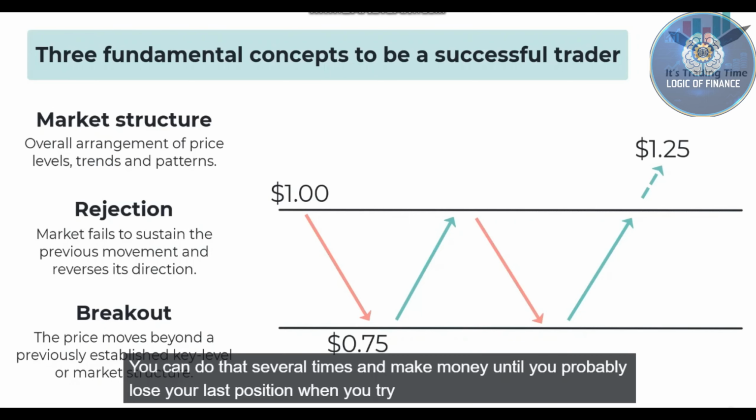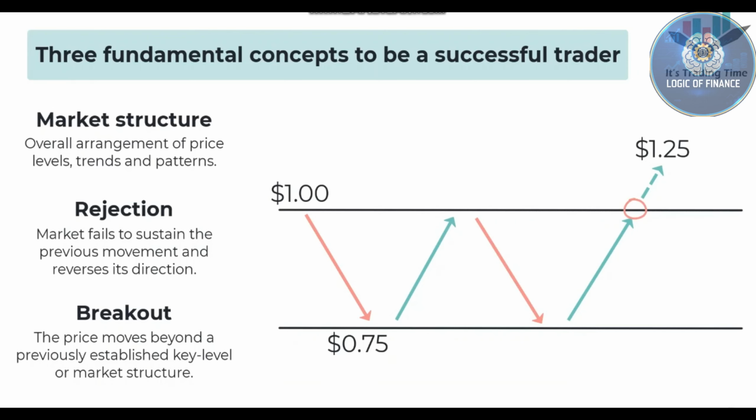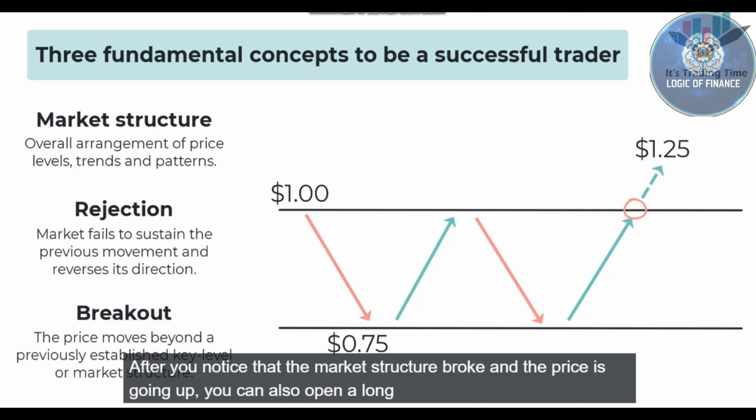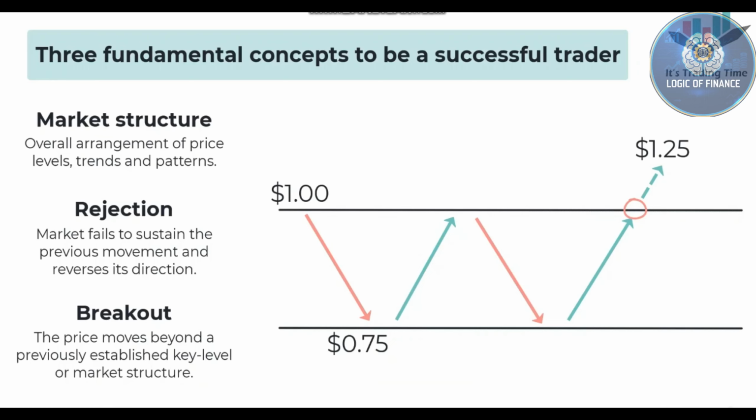You can do that several times and make money until you probably lose your last position when you try to do the same, and instead of having a rejection, we have a breakout. After you notice that the market structure broke and the price is going up, you can also open a long position on the breakout and make money here as well.